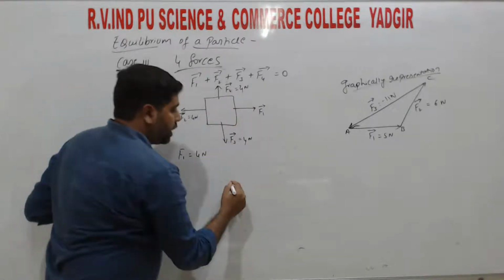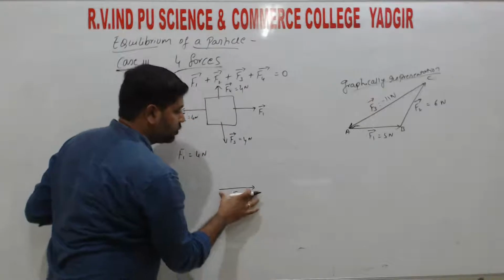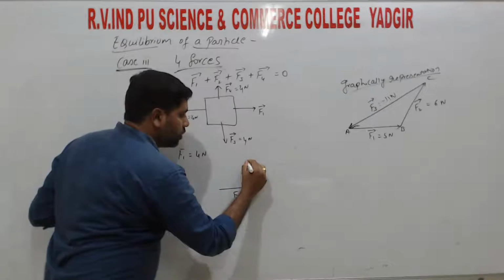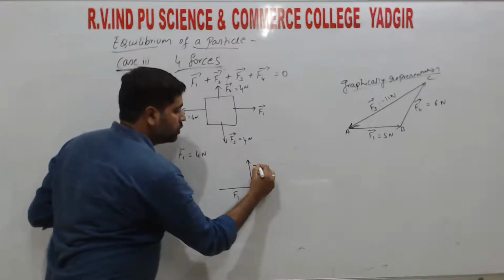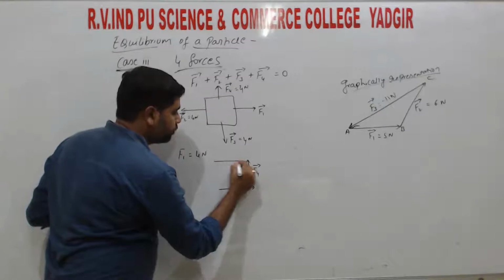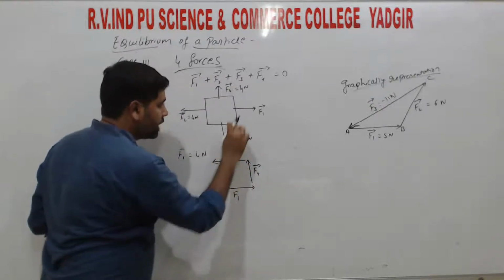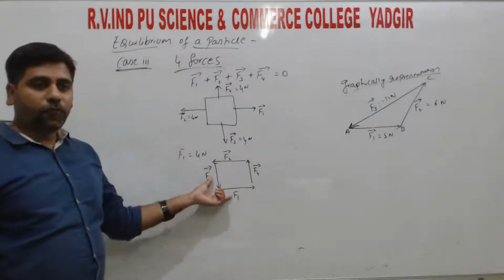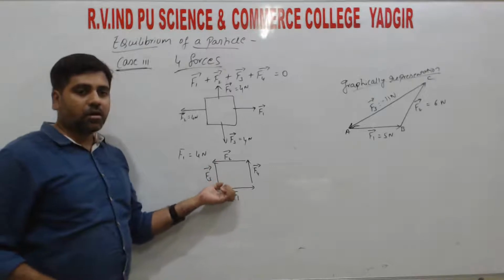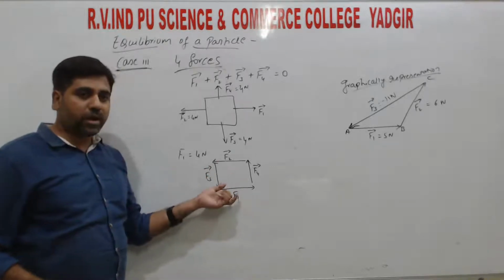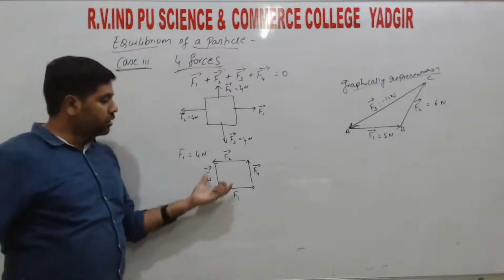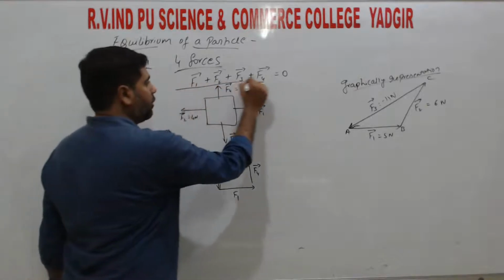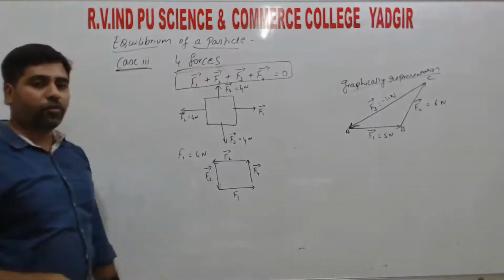So representation is F1, parallel, next vertical component, that is F4, right? So next F2, again F3. So it represents the four sides of a square or rectangle. If the magnitude is the same it is a square, if the magnitude varies it is a rectangle, right? So again the condition F1 plus F2 plus F3 plus F4 is equal to 0.